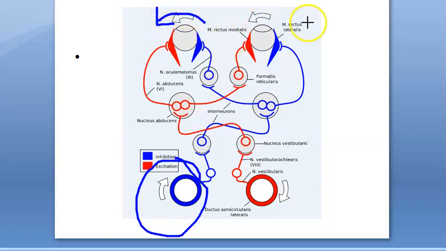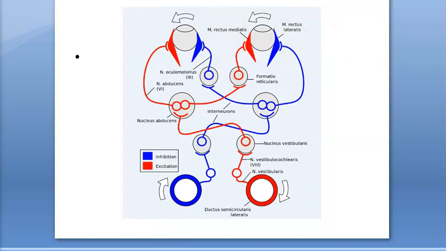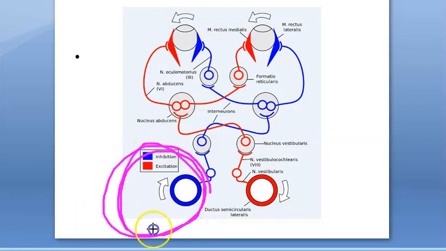The nystagmus will be to the opposite side: the eyes make repetitive, uncontrolled movements to the opposite side. Cold water on this side, nystagmus to the opposite side. As simple as that.